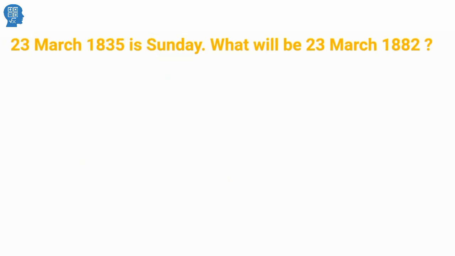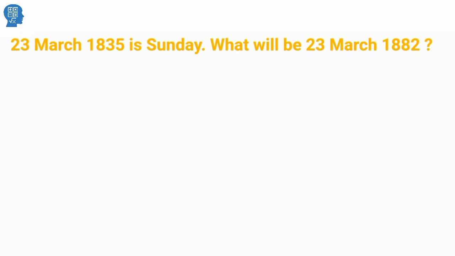Next question. 23 March 1835 is Sunday. Same here also: one date with a reference day is given. This is the given date and reference day. They are asking what will be 23 March 1882.